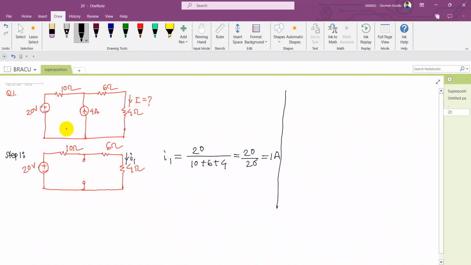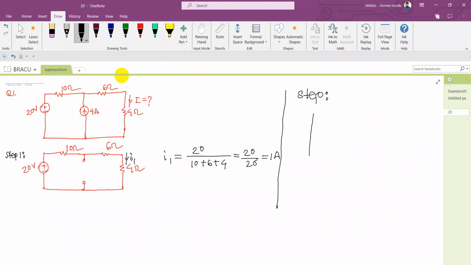So for our step 2, we will take the current source active and we will turn off the voltage source. I previously told you that to turn off any voltage source, we have to short it.